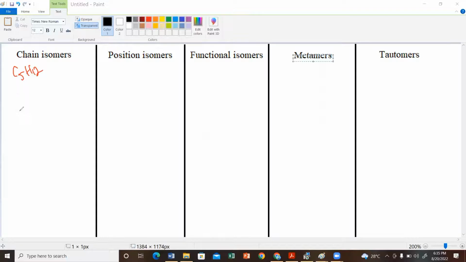Now for C5H12, if we look, there are 5 carbons, 1, 2, 3, 4 and 5. These 5 carbons can be linearly arranged, that is n-pentane. In another, 4 carbons are in the chain and 1 is in a branch.